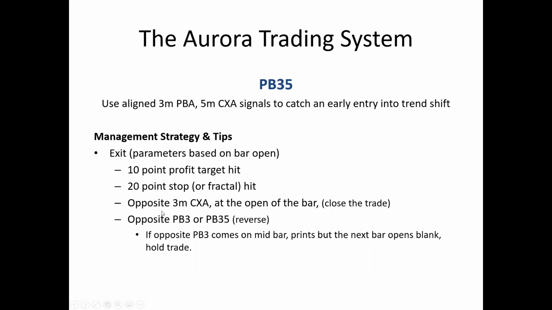The other method of exiting out of a PB35 is when you have an opposite 3-minute CXA at the open of the bar. An opposite CXA at the open of the bar, you're going to close the trade. You also will close the trade if you have an opposite PB3 or an opposite PB35. And in that case, you are reversing the trade.